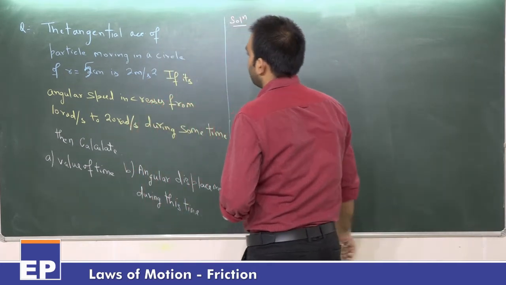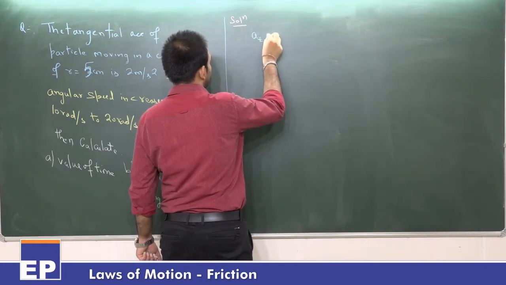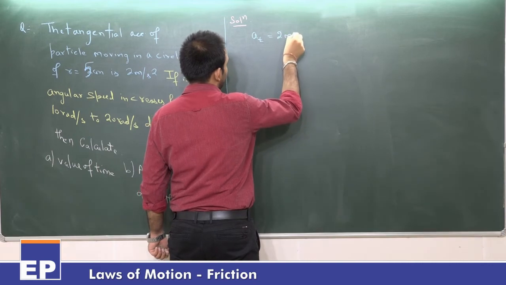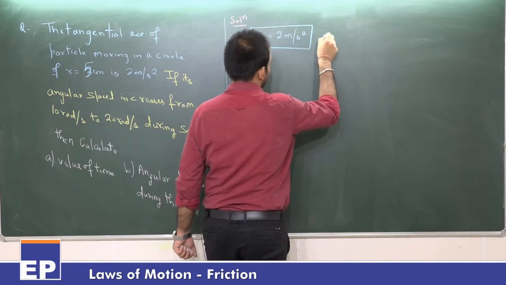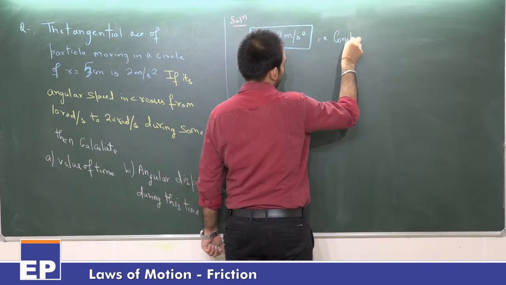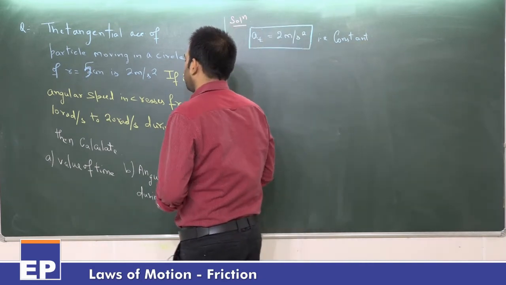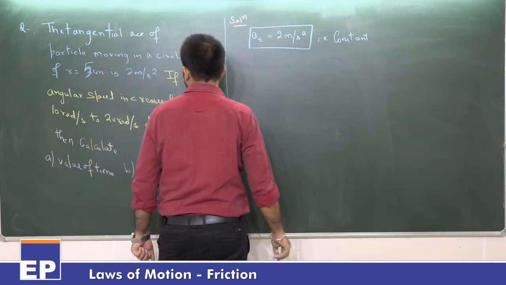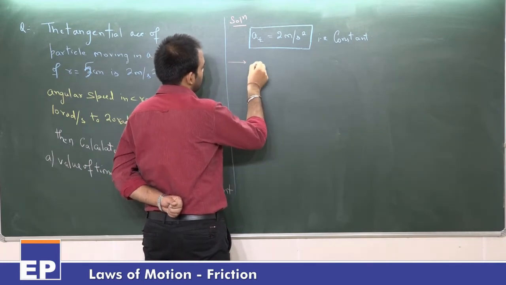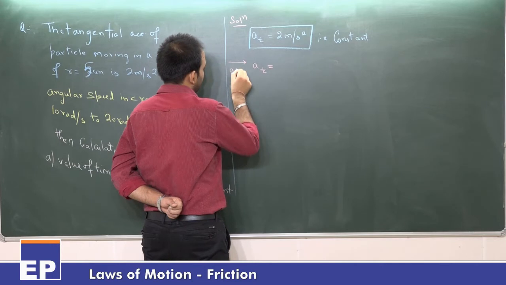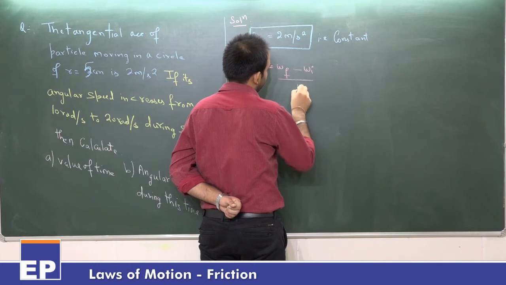Look, the tangential acceleration of particle moving in a circle of radius 5 centimeter is this. So we have given AT. It is 2 meter per second square. It is constant. If its angular speed increases from 10 radian per second to 20 radian per second during some time, meaning its angular speed is increasing, so AT is constant. So we can say that AT is omega final minus omega initial by time taken.